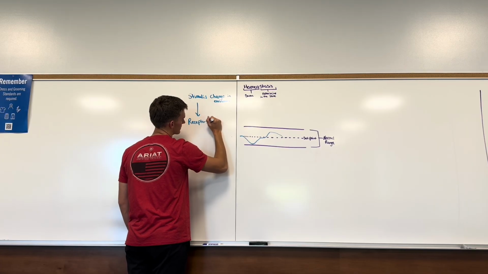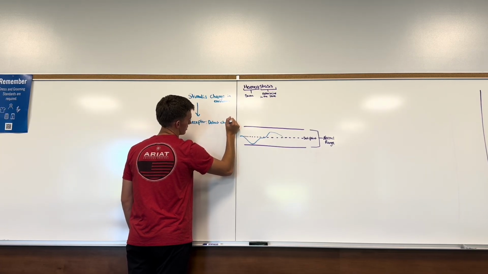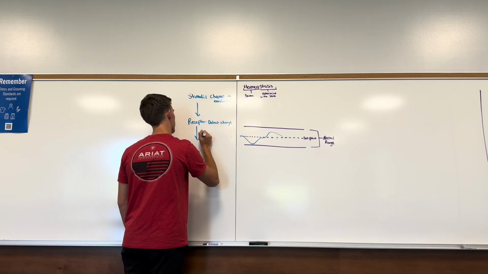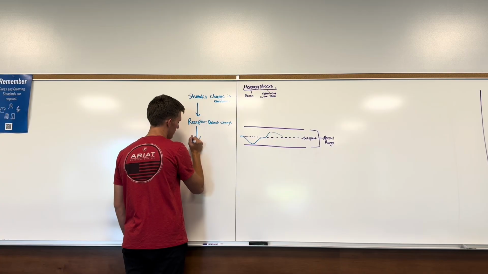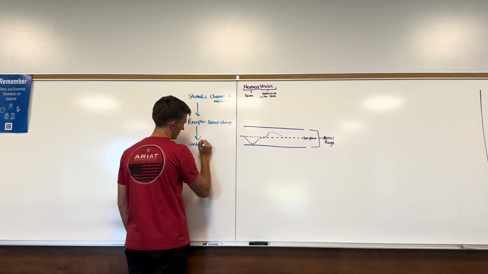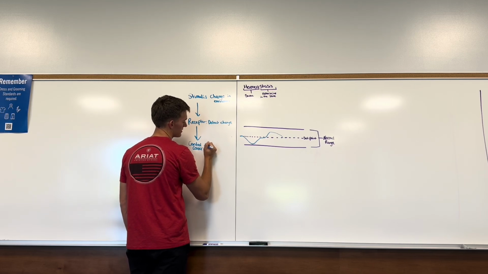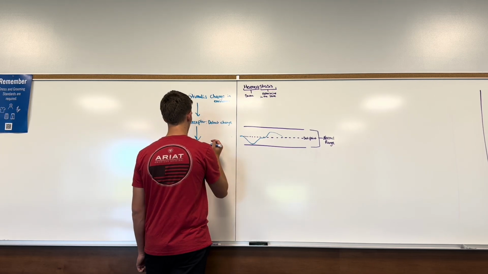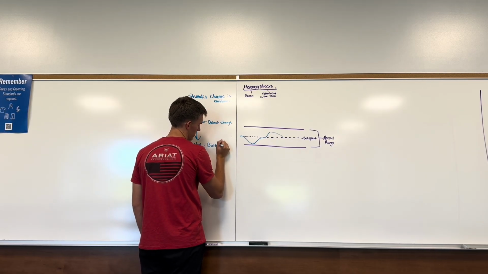This detects the change, okay? That receptor is then going to take that change to the control center. Most of the time in your body, that is the brain. The control center is going to dictate a response.